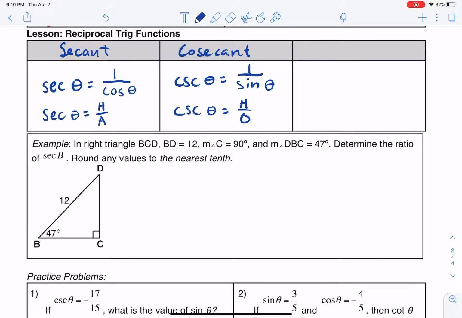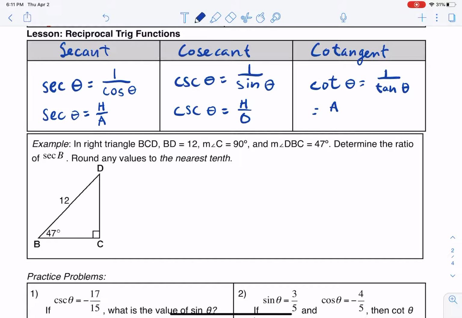Right? The third reciprocal trig function is cotangent. And that's abbreviated COT. Okay, so that's the same as 1 over tangent of theta. Another way to think about that is, normal tangent is opposite over adjacent.